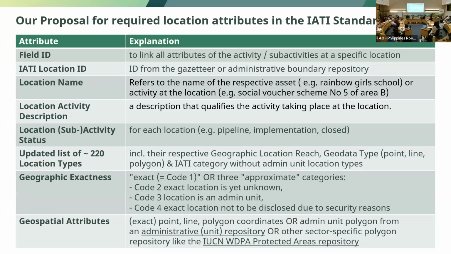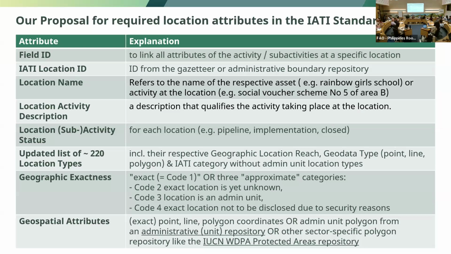And then we propose to add a location name, to really make this identification more transparent and clear, like to say not only a school, which would be a location type, but the name of the school.